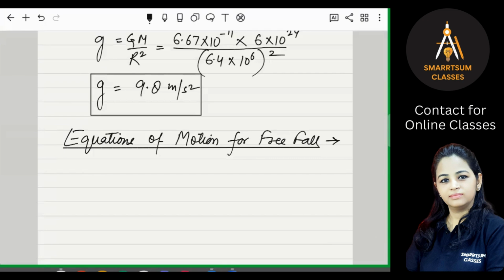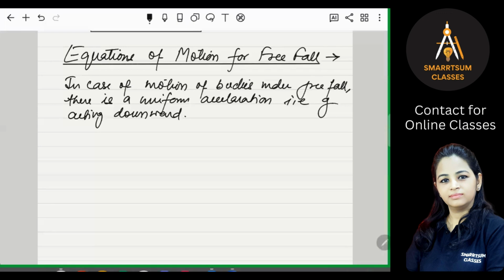In the case of motion of bodies under free fall, there is a uniform acceleration, and that acceleration is acceleration due to gravity, g, acting in the downward direction. So the previous equations of motion can be applied for the motion of bodies under free fall.